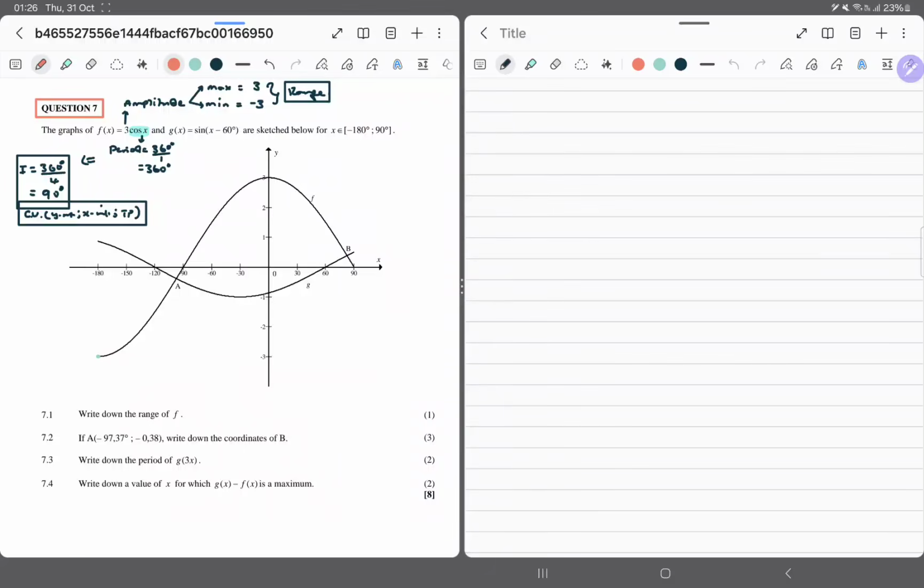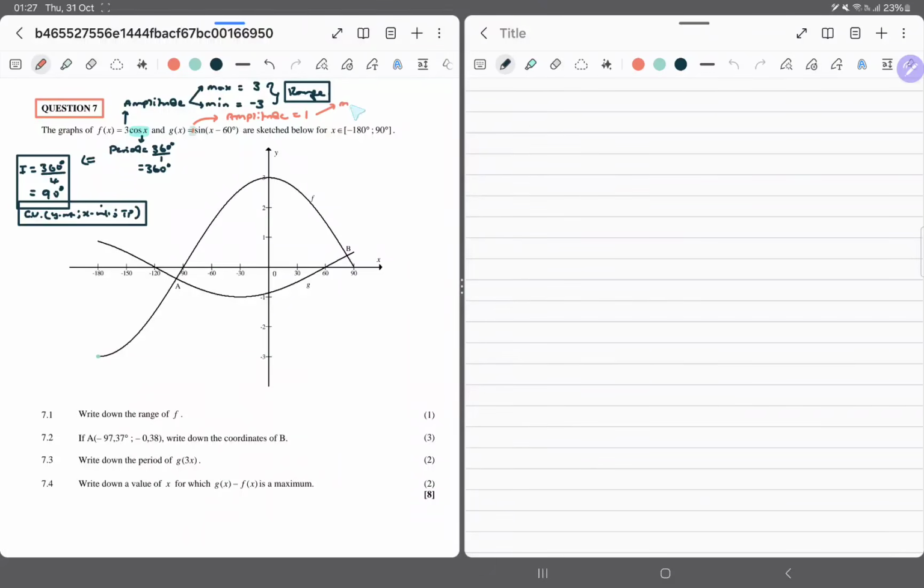Now we move on to the next graph. We see g of x is the sine. Now if we see here, the coefficient of the actual ratio, or whatever you would call it, is essentially an invisible plus 1. So that means the amplitude is going to be 1.